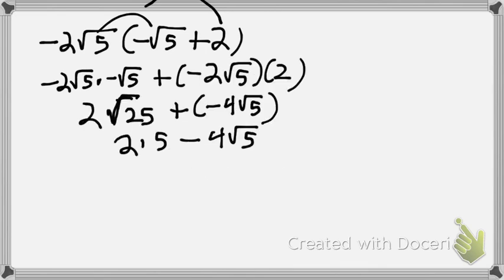That gives us 2 times the square root of 25 plus negative 4 roots of 5. The square root of 25 is just 5, so that turns into 2 times 5 minus 4 radical 5. 5 times 2 is 10. And that would be our answer.